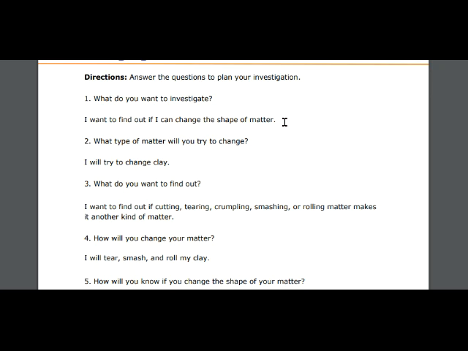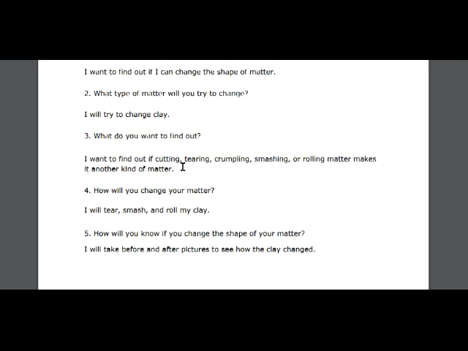They wrote, I want to find out if I can change the shape of matter. Number 2, what type of matter will you try to change? They said, I will try to change clay. Number 3, what do you want to find out? Their answer was, I want to find out if cutting, tearing, crumpling, smashing, or rolling matter makes it another kind of matter.